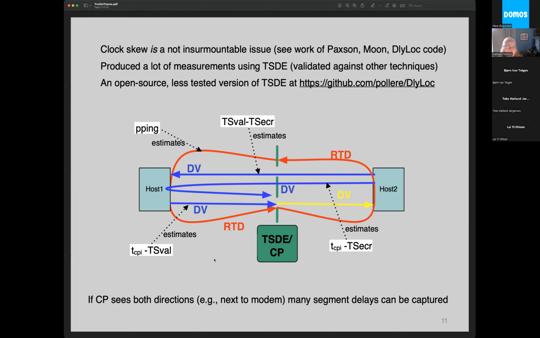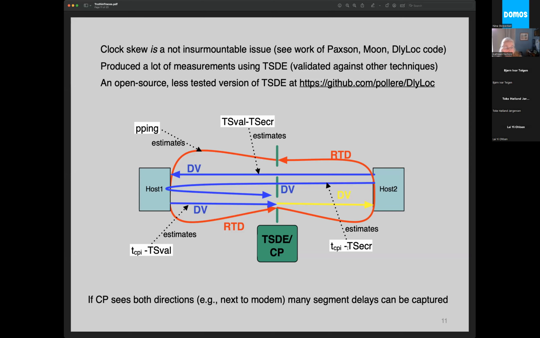Here are the different estimates we can get if we've got these two hosts talking to each other and a capture point in the middle. We already know that if we can see both directions, we can get this round trip delay with passive ping. But if we only have the capture point, we can take the time at the capture point minus the TS val, and of course I have to do some math on it, and we get the delay variation from host 1 to the capture point.